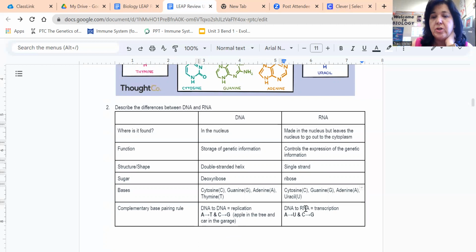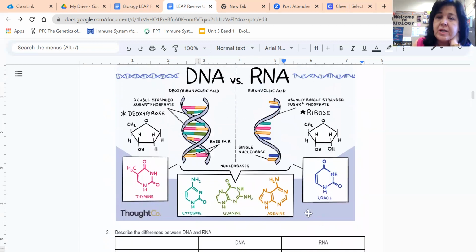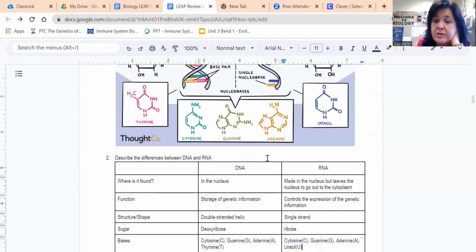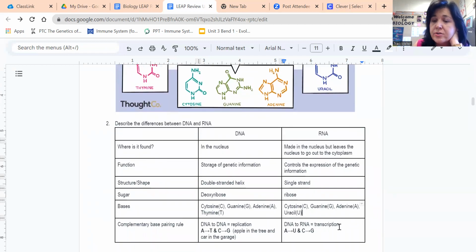Okay, but when we look over here at RNA, we have a little bit different base pairing rule. So what happens with RNA is the DNA makes the RNA. Okay, so the DNA code tells the RNA which nitrogenous base goes next on the RNA strand. Okay, so this is called transcription when DNA makes RNA.